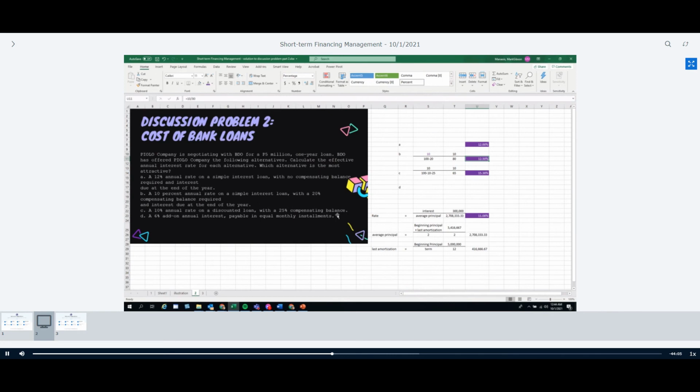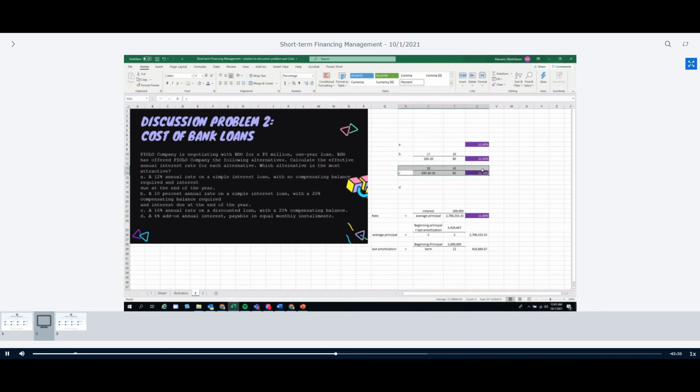So therefore, to calculate for our effective interest rate, so of course, 10%, the nominal rate, 100 minus 10% minus the compensating balance of 25%. So that's 10 over 65 or 15.38. So 10 divided by 65, 15.38%. So that's option letter C.